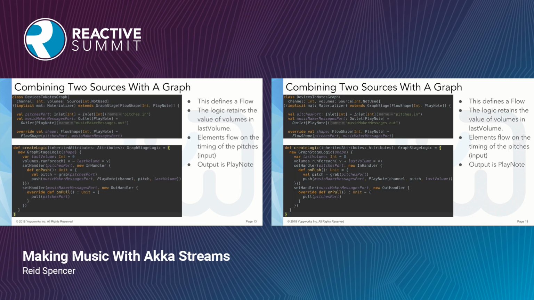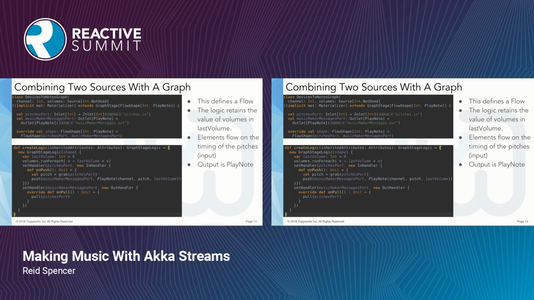It's going to call this method, because that's the output, that's where the downstream data comes from. And it's going to ask the pitches port to pull, which is actually going to cause the onPush method to get called. It's a bit complicated, and reading the documentation on this stuff is definitely recommended.